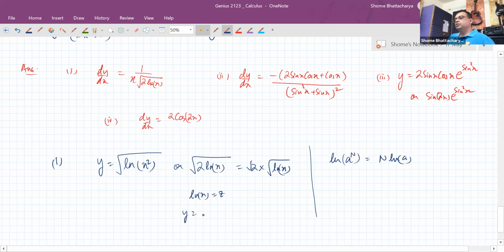So y is equal to root 2 z. So dy by dx is dy by dz into dz by dx. This will become root 2 into 1 by 2 root z, into dz by dx, which is 1 by x.